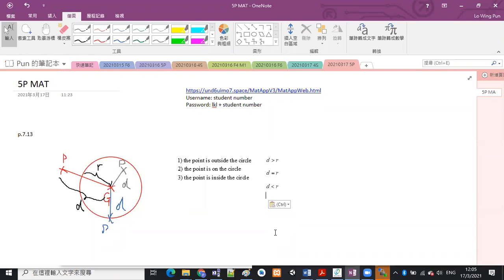That is the small letter D. And you also need to calculate the radius of the circle. That is the small letter R. And then you need to compare whether the D is larger than the R, equal to the R, or less than the R. And then to answer whether it is case 1, case 2, or case 3. Okay, so that is like this.